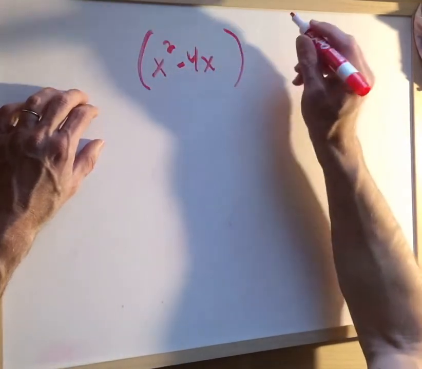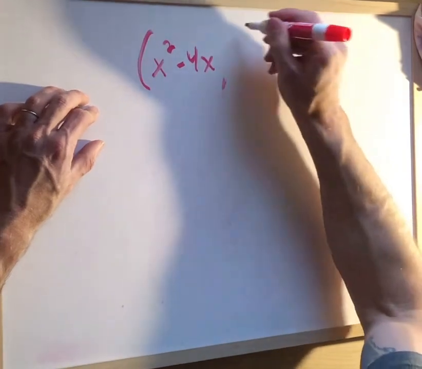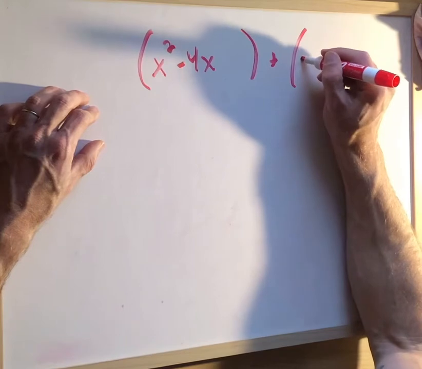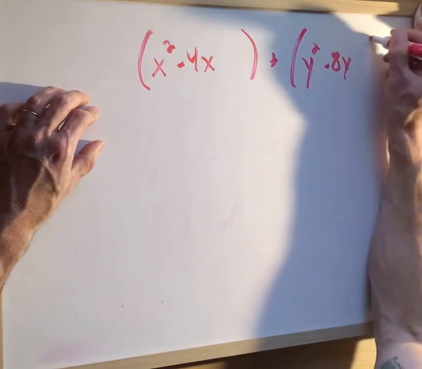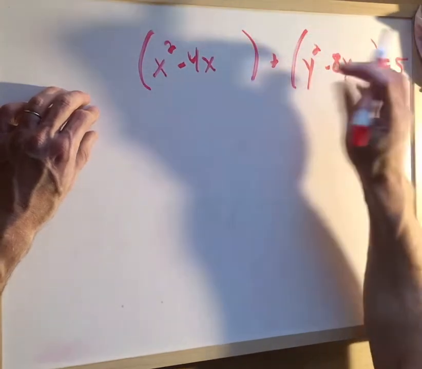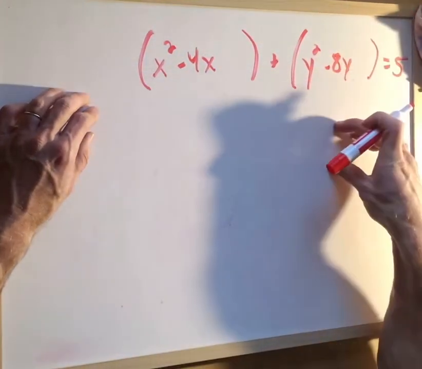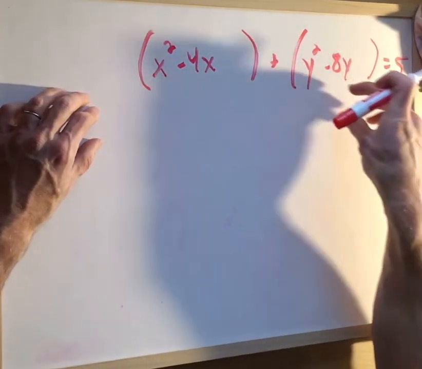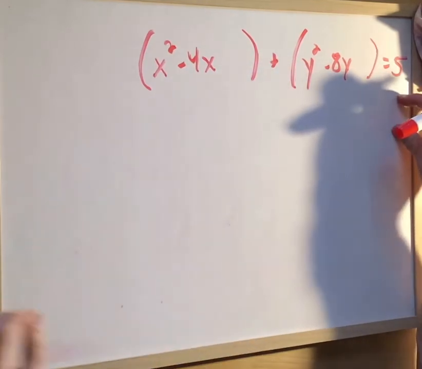Here's my x's, and I would leave a blank space, plus here's my y's, leave a blank space, equals, move that 5 over, complete the square, factor it. Complete the square, factor it. Whatever you complete the square by, add it to here. Whatever you complete the square by, add it with the 5 as well.